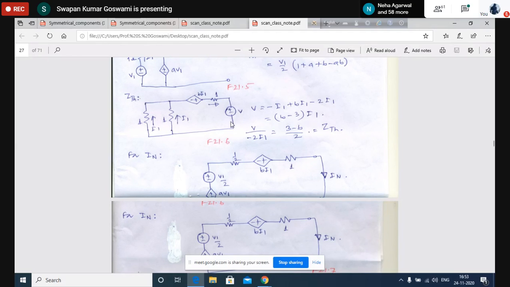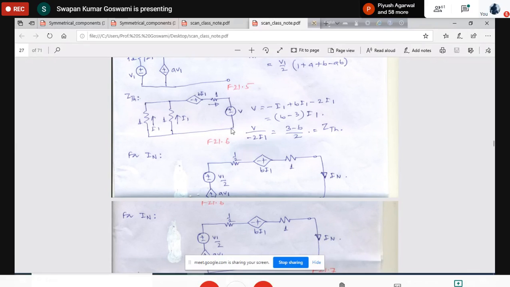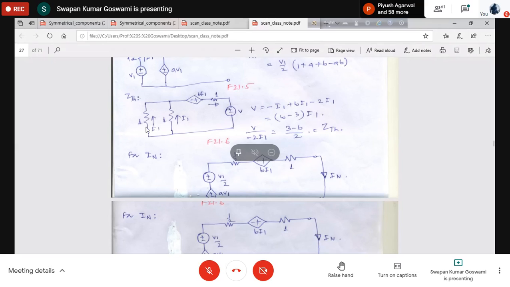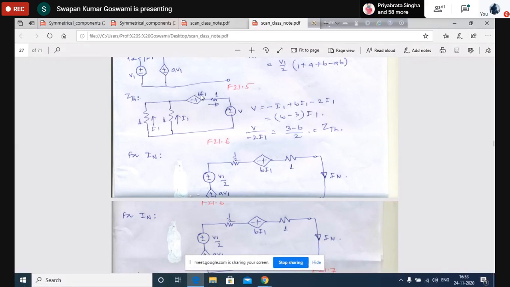Yes. Could everyone understand why you are connecting a voltage source? Because unless you connect a voltage source, you cannot arrange to produce a current I1 through this branch. Because BI1 cannot drive any current. When current I1 flows here, then only a voltage will be produced, then it can drive some current. Okay, before that it cannot.